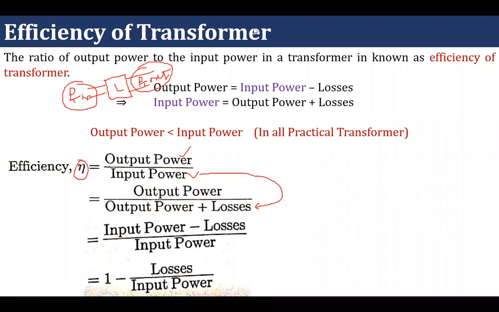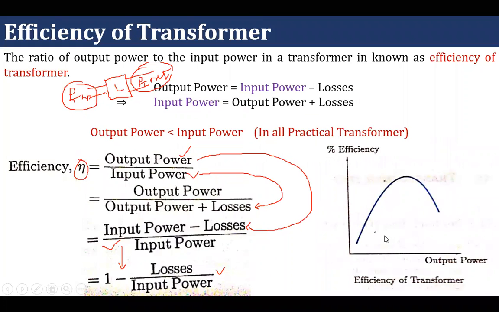The same thing can be written in a different manner. We can replace this output power in the form of input power and losses. So the formula will become input power minus losses upon input power, and this can be converted into this one minus losses upon input power.